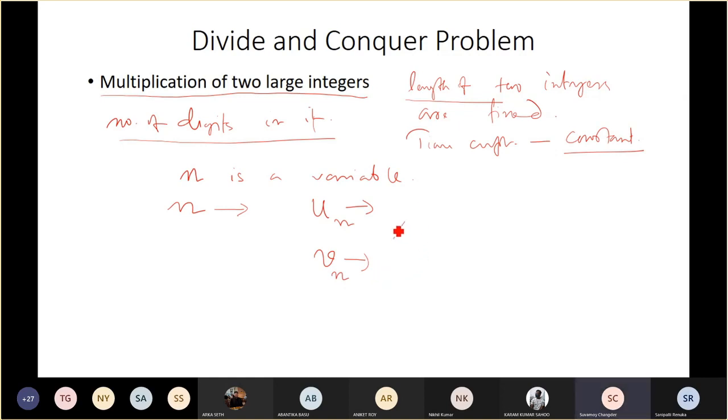If we multiply these two by the simple multiplication algorithm, then the time required will be order of n square, because there will be n number of digits and we will multiply each digit with the other.